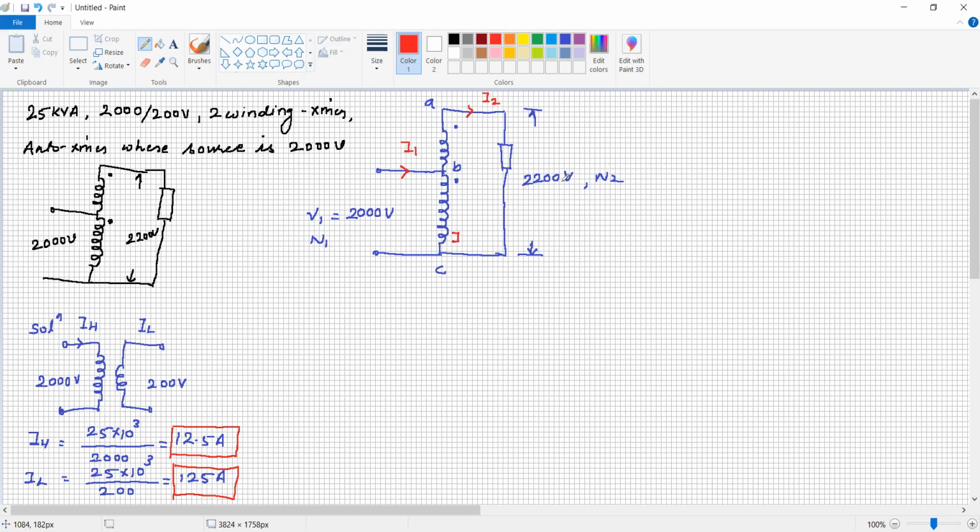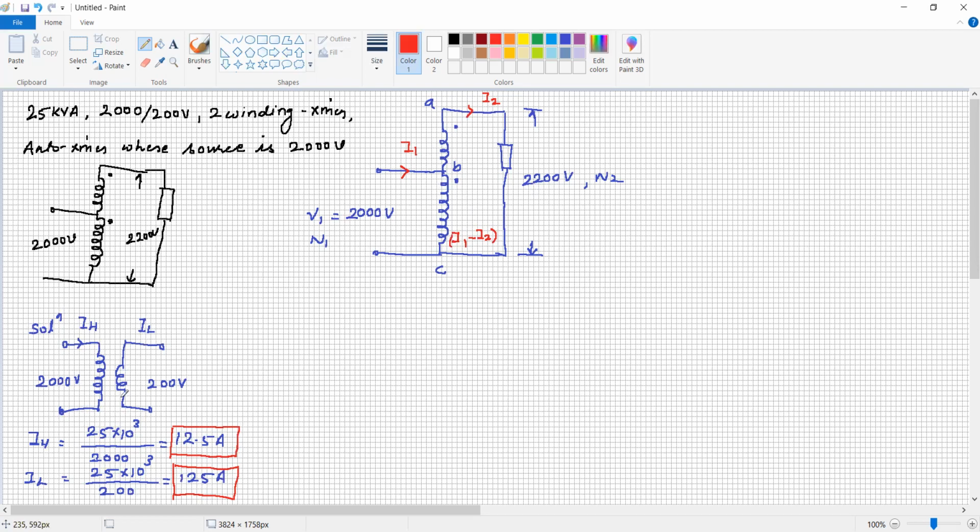The load is connected to the 2200 volt winding with N2 turns, with current I2 and source current I1.